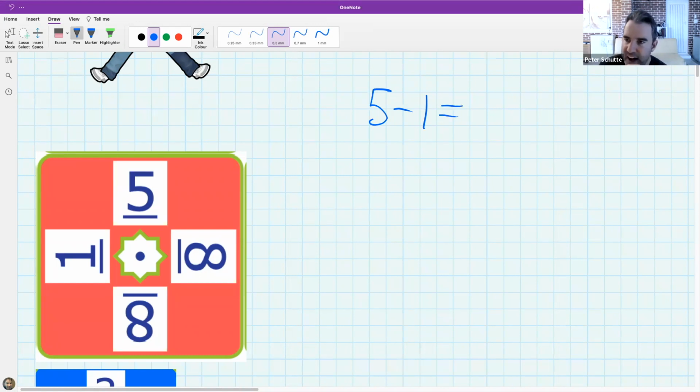If you go 5 minus 1, that gives you 4. So you've used 2 numbers already. How do you use 8 and 8 to get to the number 24 using just plus, minus, times, and divide?